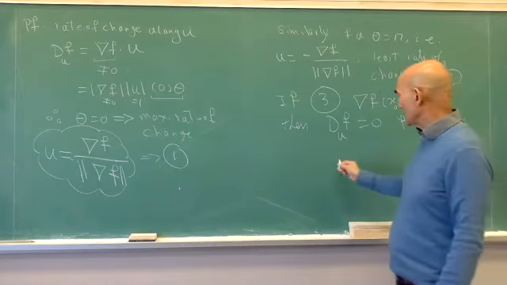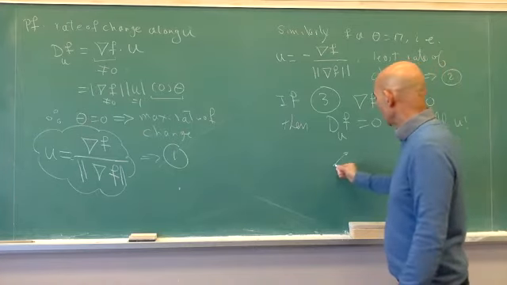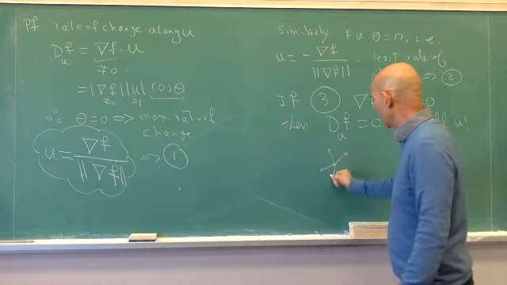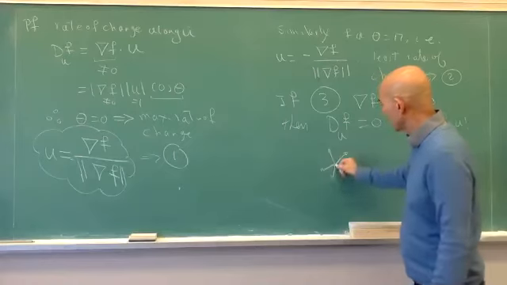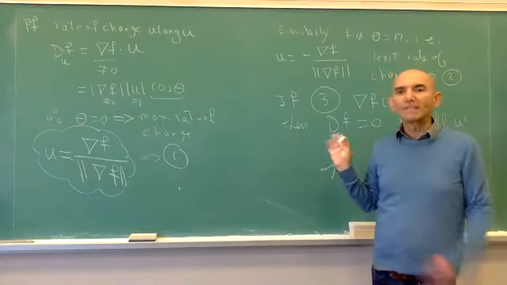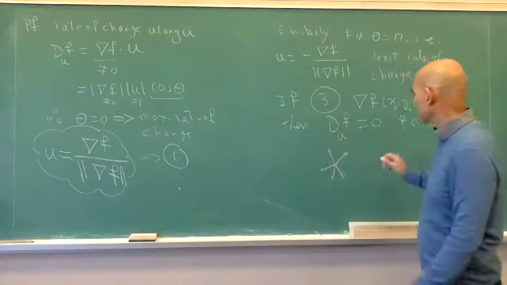It means that if you move along any direction and you study the function along these different directions, you're always going to get 0. So the rate of change is 0.